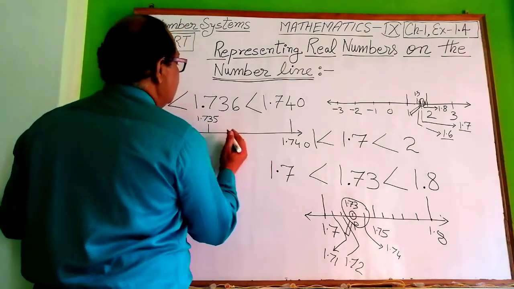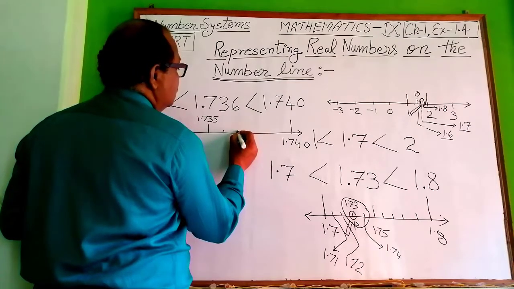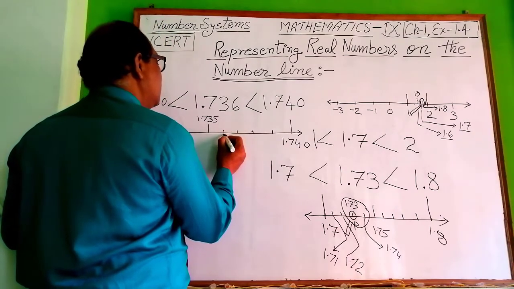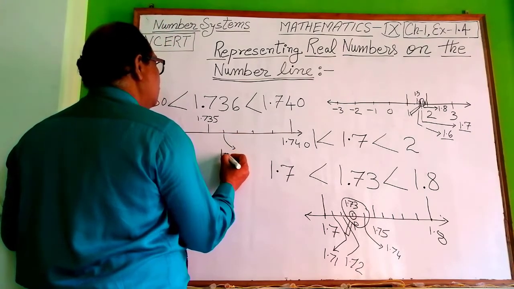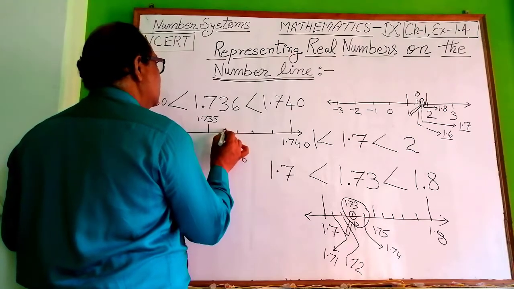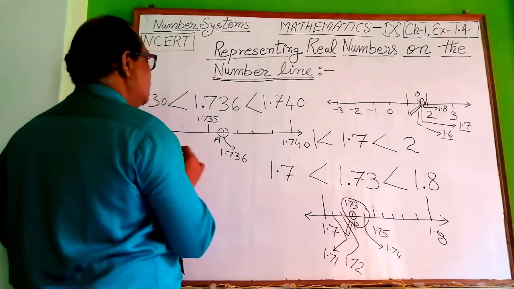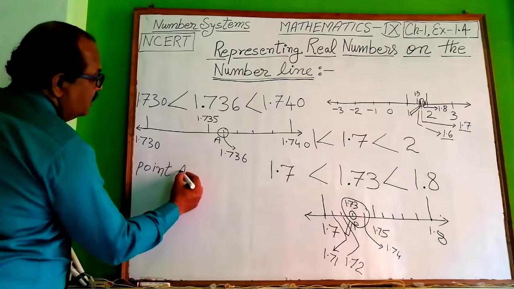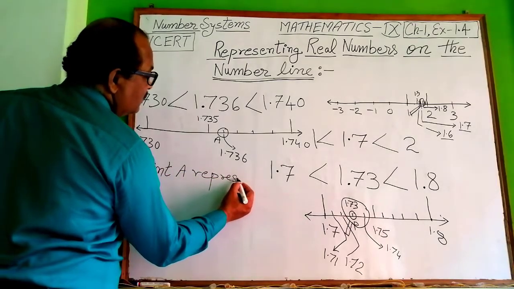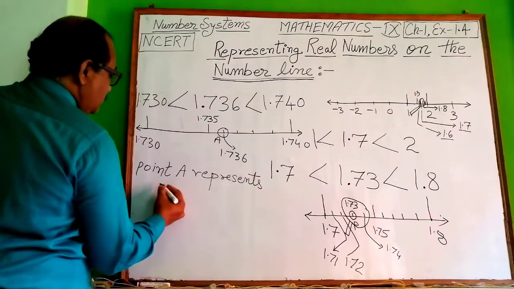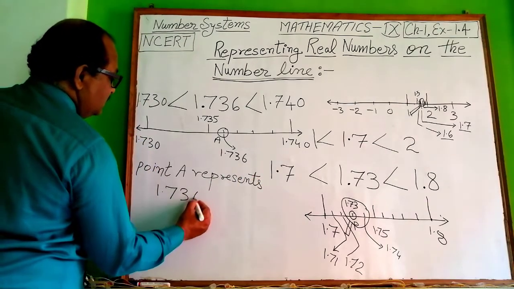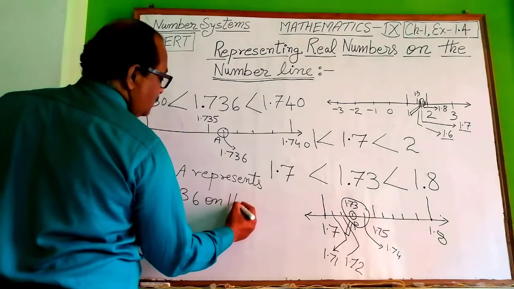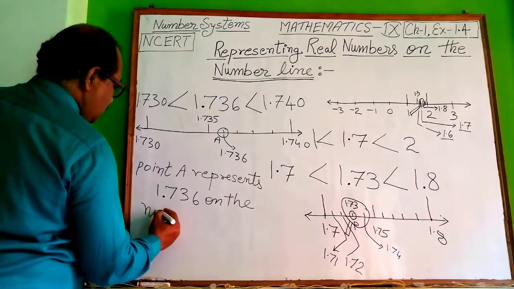And now dividing this rest part in 5 equal parts, 2, 3, 4. So this next part will be 1.736. Suppose this point is A. So point A represents 1.736 on the number line.